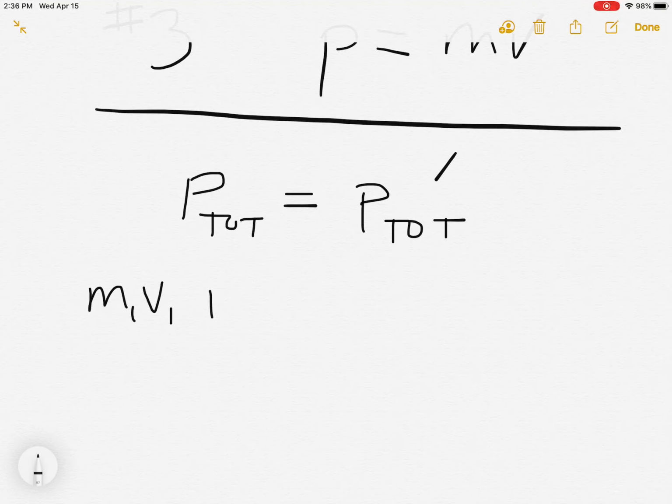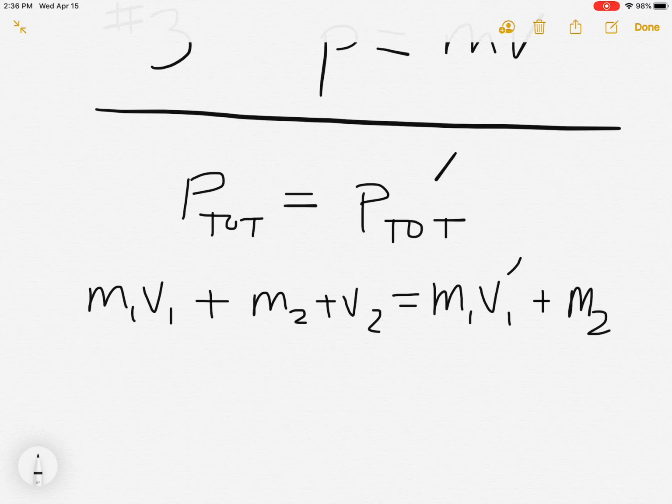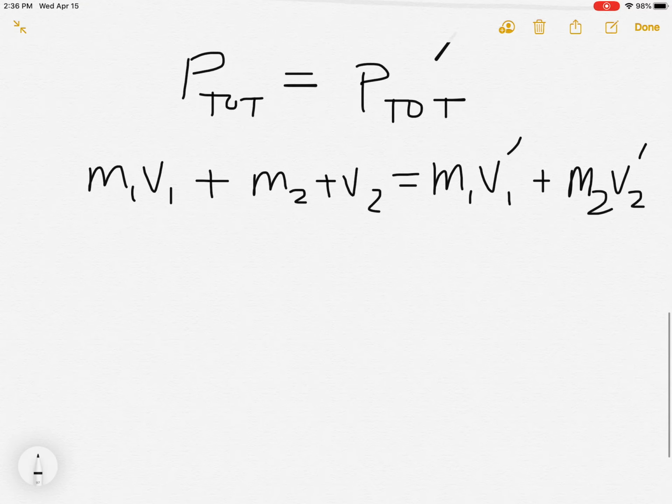So we write the momentum before, which is the mass of ball 1 and the velocity of ball 1, plus the mass of ball 2 and the velocity of ball 2. And that equals the mass of ball 1 and its speed after, plus the mass of ball 2 and its speed after. Now just be careful when you put in the numbers that you are watching the directions for left and right. Remember that lefts are negative and rights are positive.